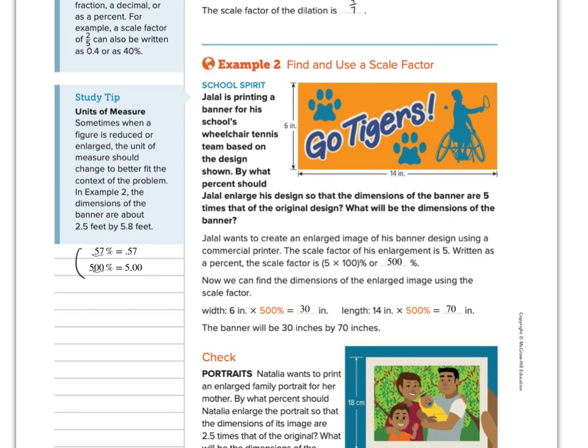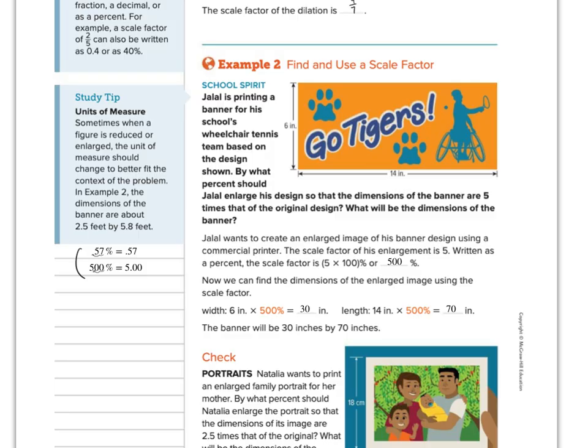Find and use a scale factor. Jalal is printing a banner for his school's wheelchair tennis team based on the design shown. By what percent should Jalal enlarge his design so that the dimensions of the banner are 5 times that of the original design? What will be the dimensions of the new banner?